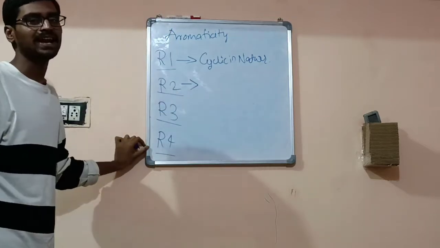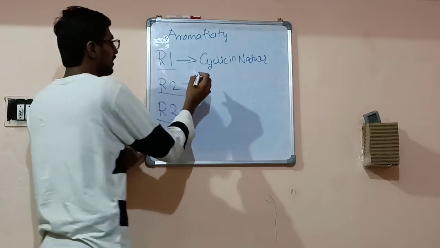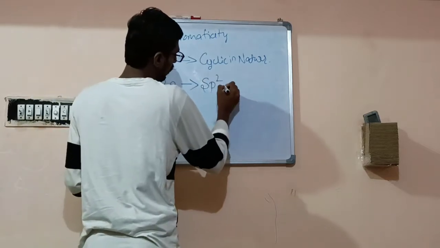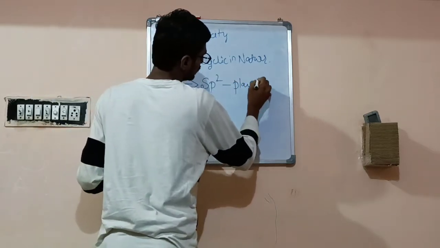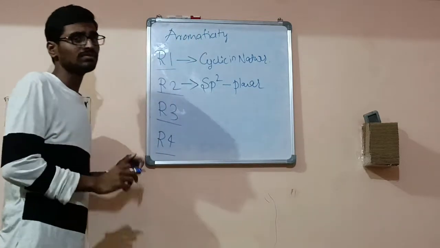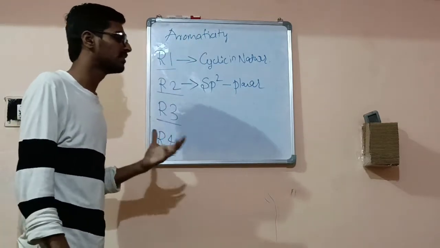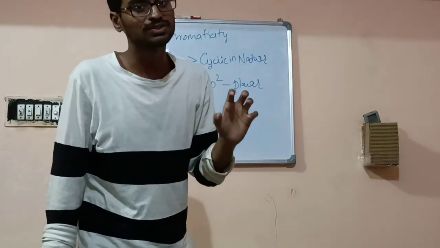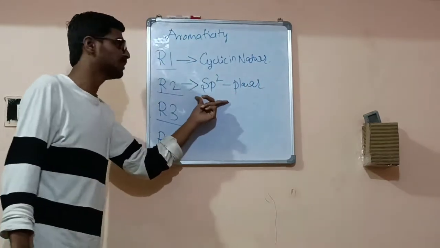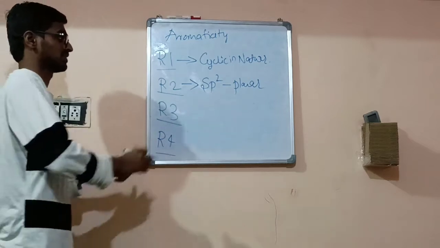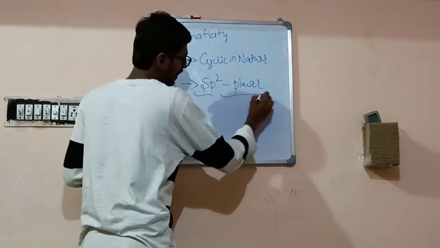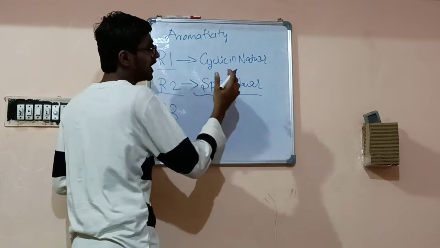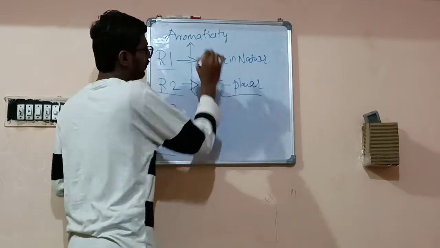switch to the second rule. What is that? The compound should attain sp2 hybridization with planar structure. Any kind of compound you take, when checking whether it is an aromatic hydrocarbon or not, we have to use sp2 planar. If it has sp2 hybridization and planar structure, then it might be taking part in aromaticity.